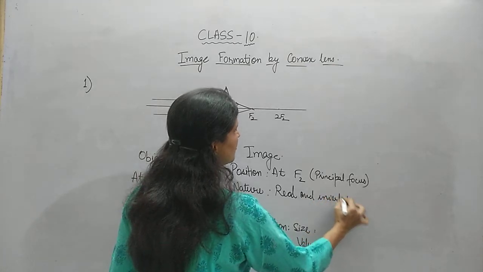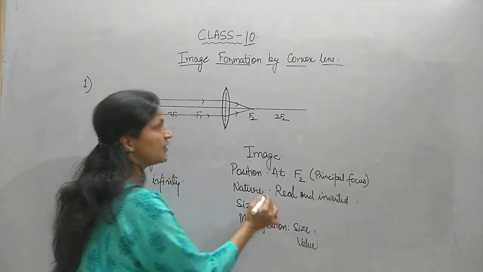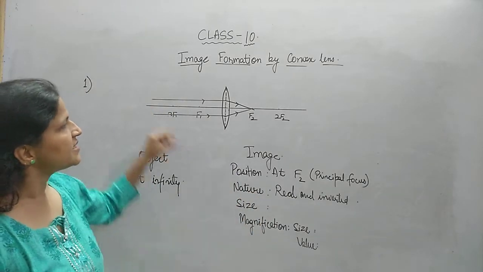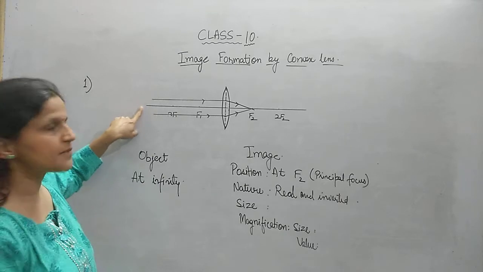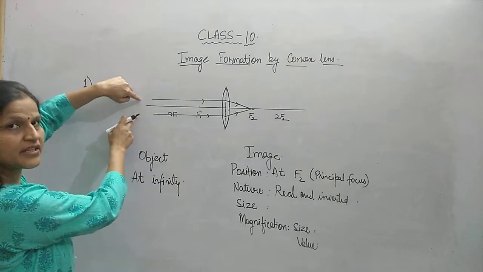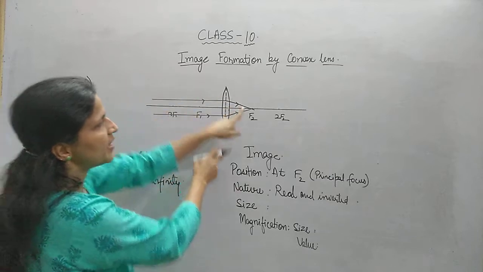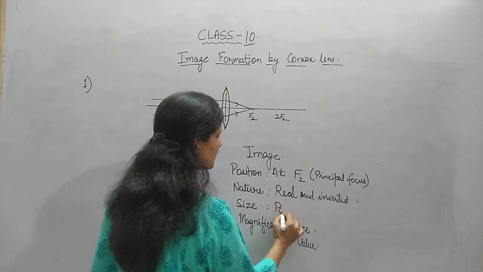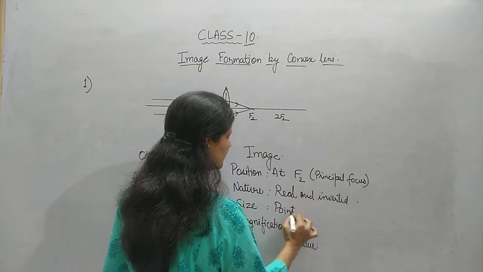These concepts we have already learned while dealing with the mirrors, so need not repeat them. Size, again the object must be this much long at least from where the rays are coming, and they are forming a very small image here. So the size is diminished, or we can even say that it is point sized.